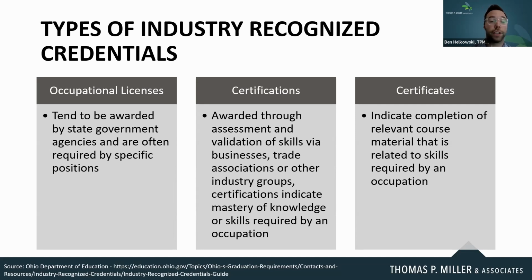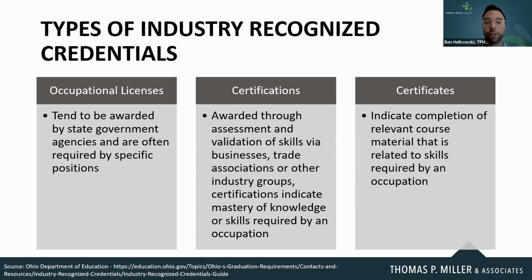The second type of industry recognized credentials are certifications, which are awarded through assessment and validation of skills through businesses, trade associations, or other industry groups, and they indicate mastery of knowledge. After attaining a certification, individuals often must meet ongoing requirements to maintain the certification, as mentioned earlier.